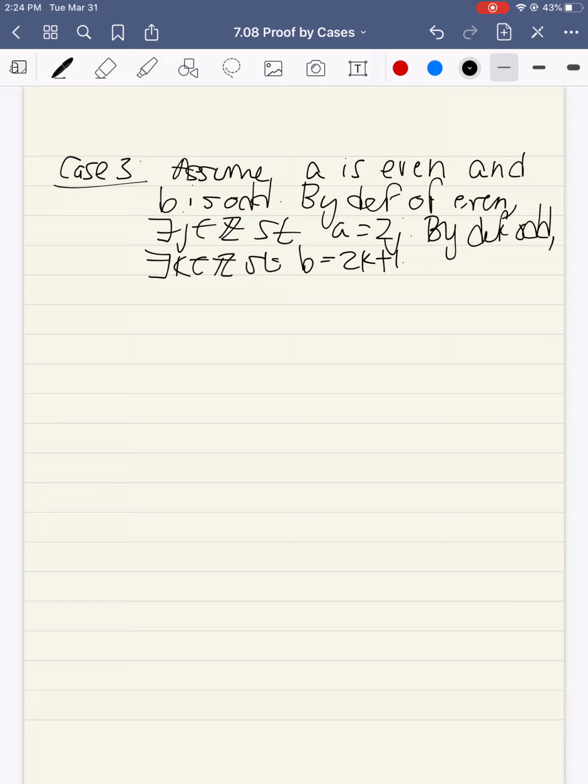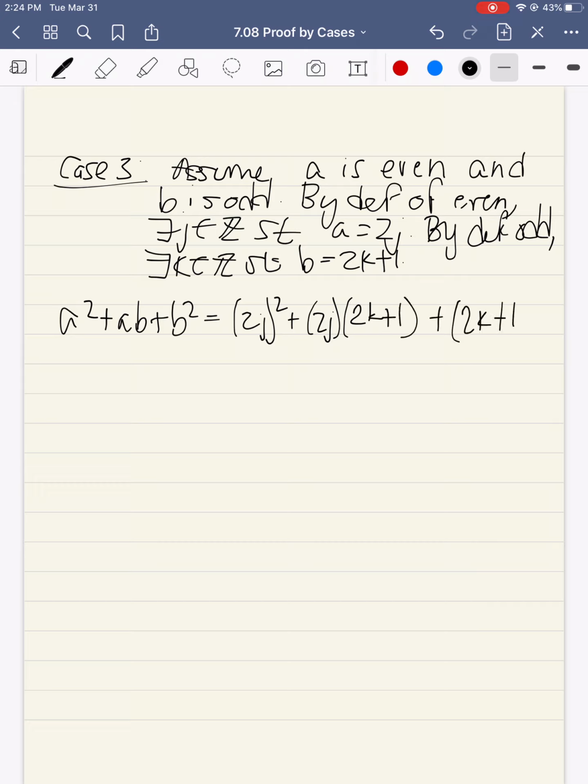So now this is our final piece here. We can have our expression a squared plus ab plus b squared is equal to 2j quantity squared plus 2j times 2k plus 1 plus 2k plus 1 quantity squared.